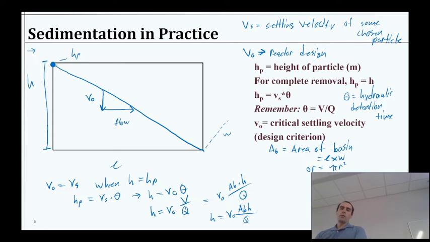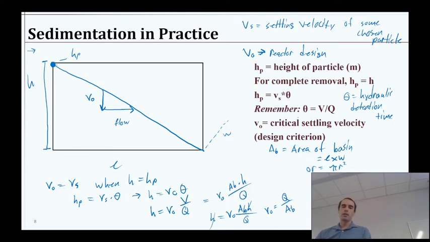We can divide both sides by the area times height and multiply both sides by Q, and the H's cancel, and we end up with V naught equals Q over AB. We can stop a moment and think about this. V naught should be some settling velocity, right? That's the critical settling velocity, so it should be in meters per second.